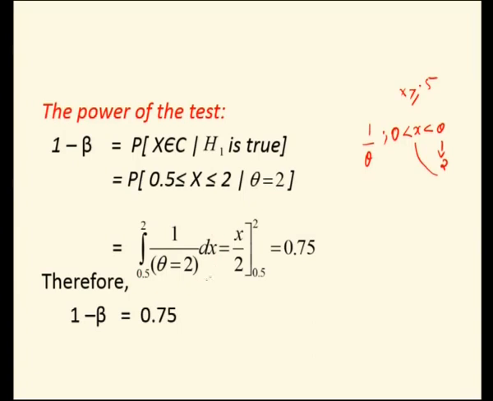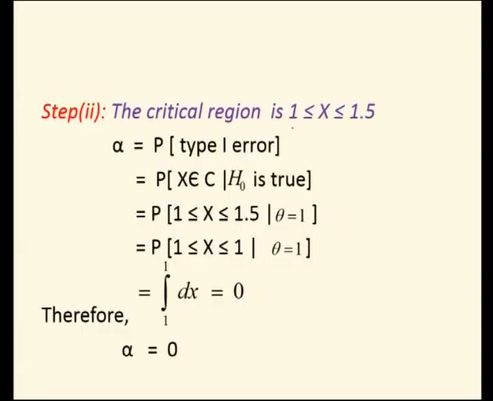So, on substituting the values, you will find that 1 minus beta is equal to 0.75. So, for this particular problem, you have found out what is your alpha, beta and 1 minus beta. Now, let us go to the second part of the problem, that is if the critical region is 1 is less than or equal to x is less than or equal to 1.5.